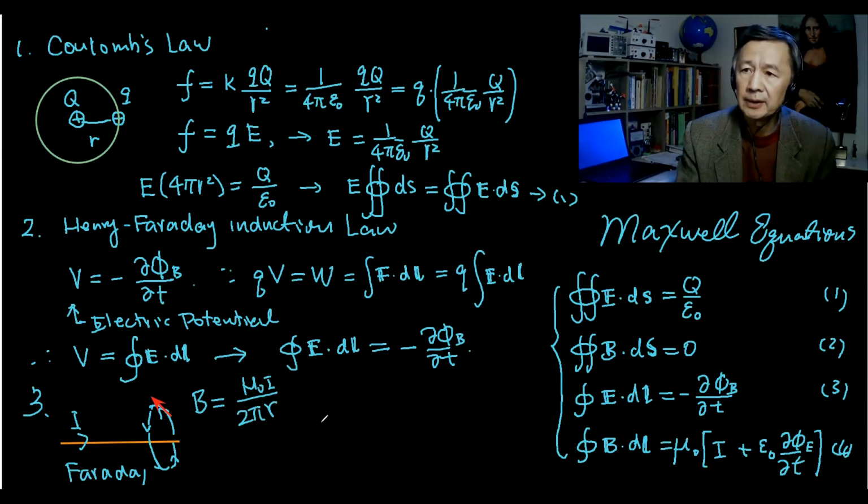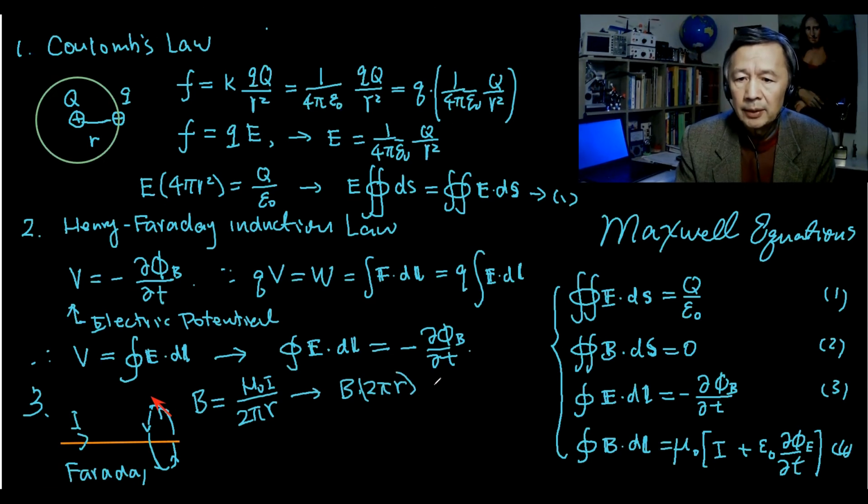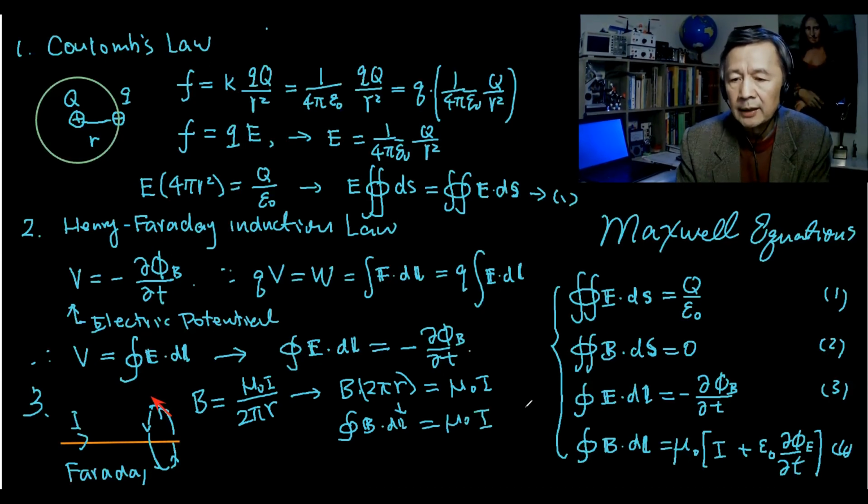So this experimental result can be rewritten as B times 2 pi r equal to mu 0 times I. Ampere argued that in the general case, it should be written as the integral of B dot dl equal to mu 0 I. This is the famous Ampere's law.